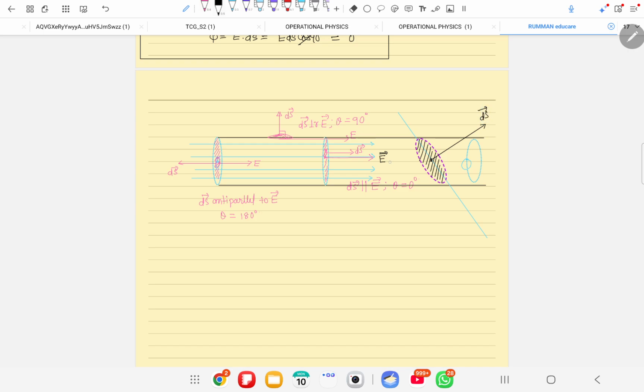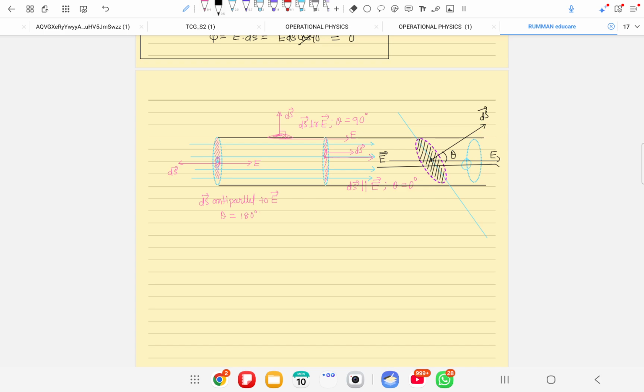Again, this same electric field line is passing across this region, so that is the E vector, which is inclined to the ds vector at angle theta, and the angle will be either 45 degrees, 60 degrees, 35 degrees, 40 degrees, or less than that.